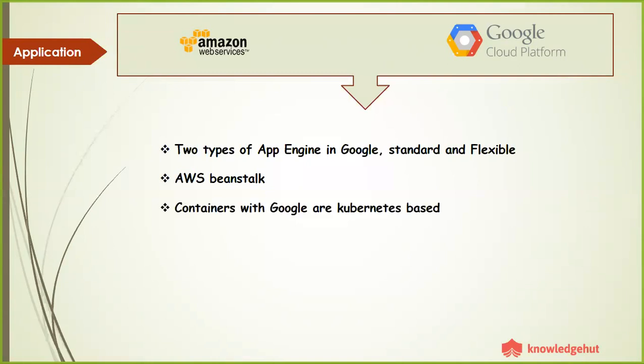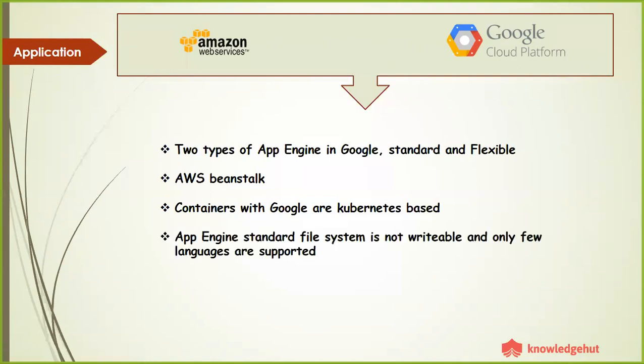And containers with Google are Kubernetes based, while Amazon has their own offerings on that front. But recently, Amazon as well as Microsoft has become part of a consortium which handles the development or the future plans of major cloud systems. So we believe that in the near future, Kubernetes will also get the upper hand at AWS.